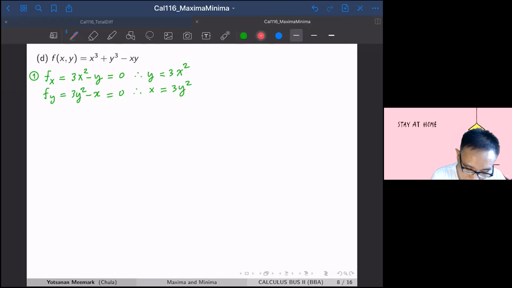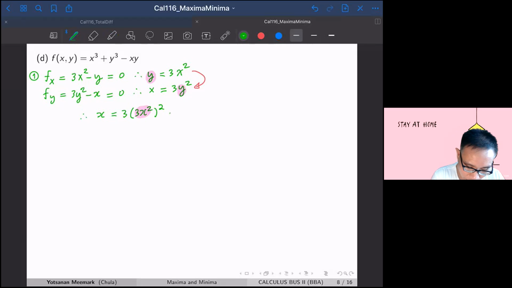So you're gonna plug in. You have y equal to 3x squared, so you're gonna plug into this equation. You would get x equal to 3 multiplied with y squared, so it's gonna be 3 times (3x squared) squared.